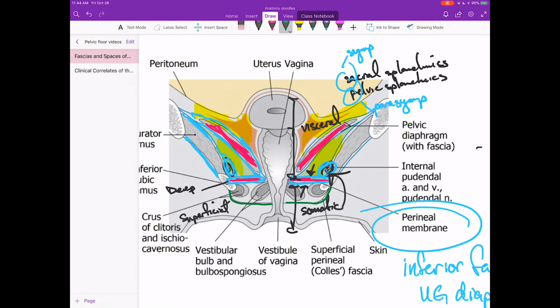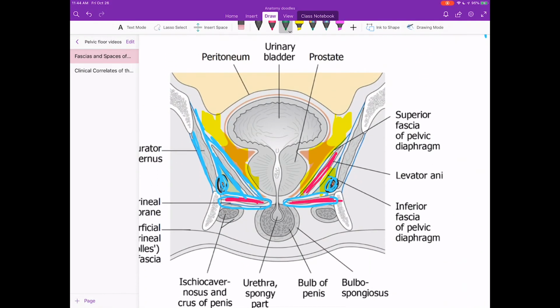In the male, it would be bounded here. The superficial space contains the erectile tissue of the ischiocavernosus, the crus of the penis over there, and also the spongy part that's around the bulb of the penis.